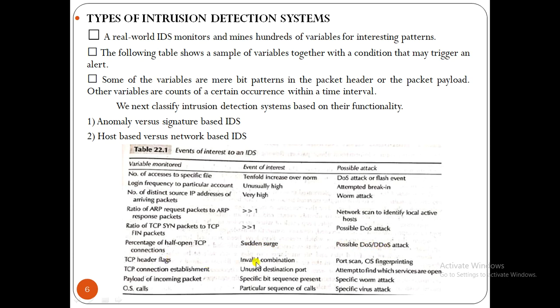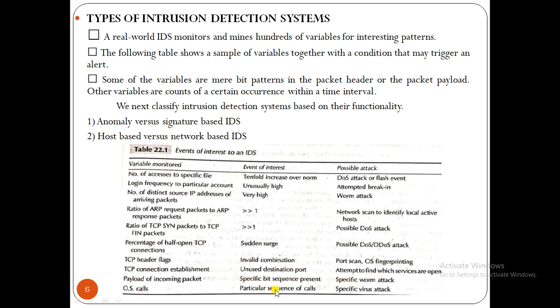For TCP header flags with invalid combinations, OS fingerprinting and port scan are the possible attacks. And for TCP connection establishment with an unused destination port, it is an attempt to find which services are open. Then the payload of an incoming packet with a specific bit sequence present indicates a specific worm attack.